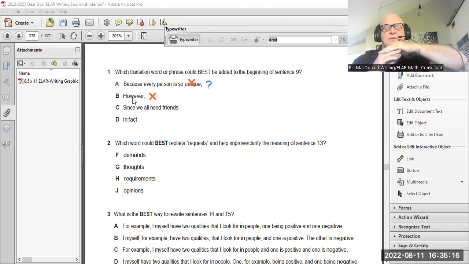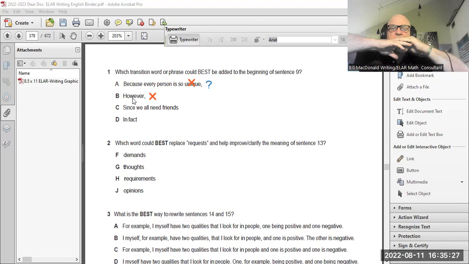All right, it's difficult to find friends that meet our qualifications. Transition. Since we all need friends, we want to try and find some that meet our personality traits, our character traits, and our sense of humor. That sounds like it could work.